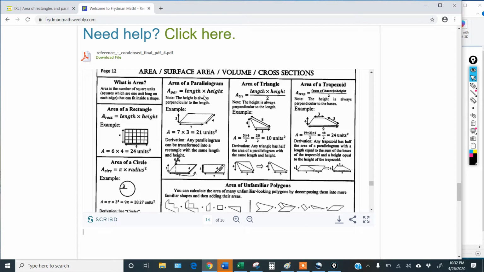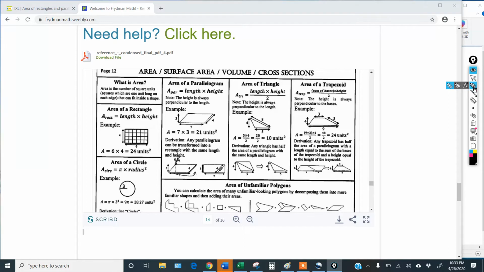Now you should realize, though, this is important, the height is always perpendicular to the length. So for example, if we have a parallelogram here, we can see that this side right over here, which is 7 units long, is perpendicular to the line from here to here, which is 3 units long.